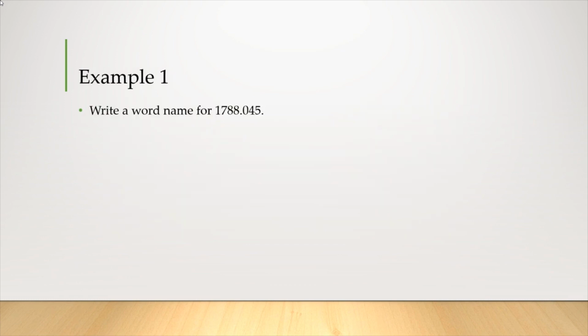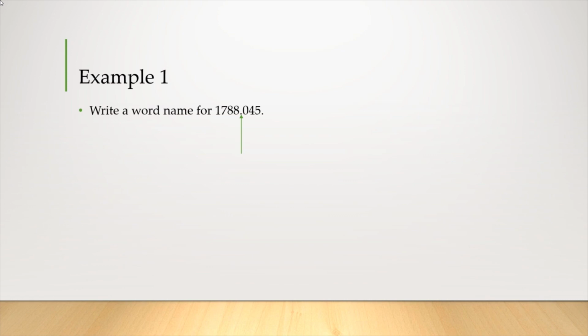All right, so how would you write the word name for this number? 1,788 and 45 thousandths. So first, that decimal separates the whole number from the fraction amount or the decimal amount. You could say the whole thing's called the decimal.